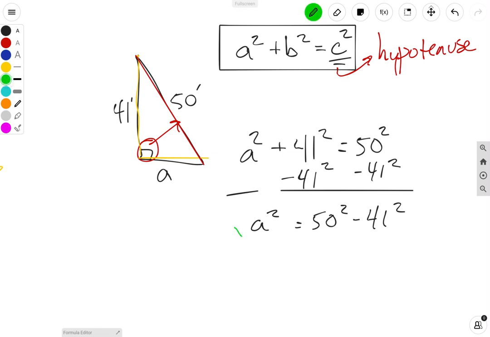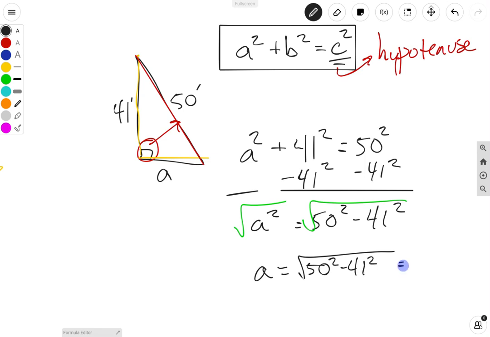And take the square root of both sides. And I am left with A equals the square root of 50 squared minus 41 squared, which comes out to approximately, just punch that out in a calculator, 28.6. And that would be feet, in the context of our original problem being in feet. All right, so there's a usage.